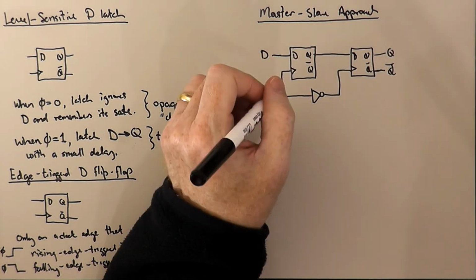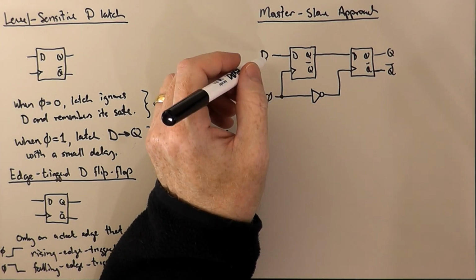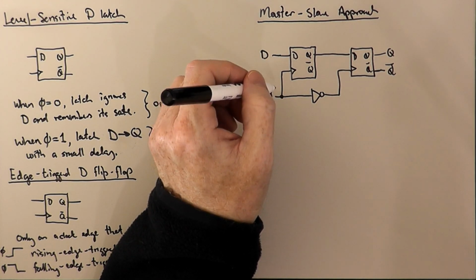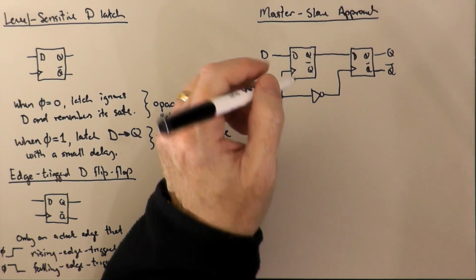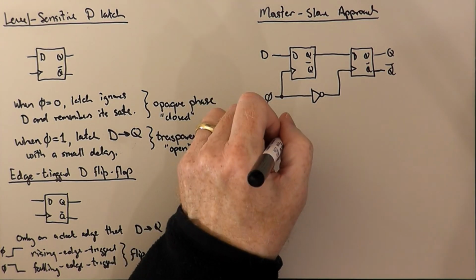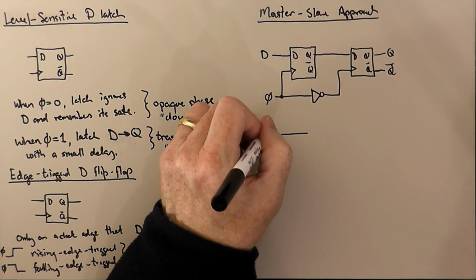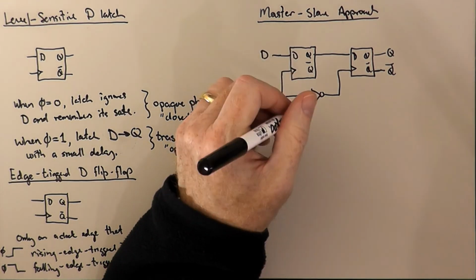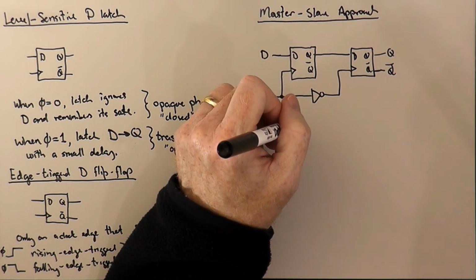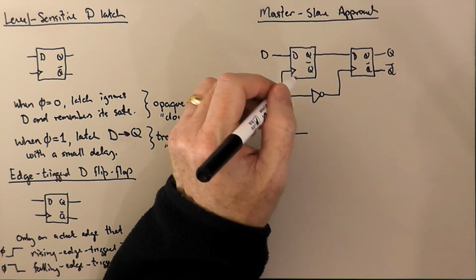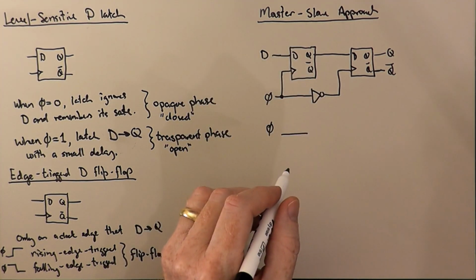And let's think about what happens. When phi is equal to 0, this first latch is opaque.